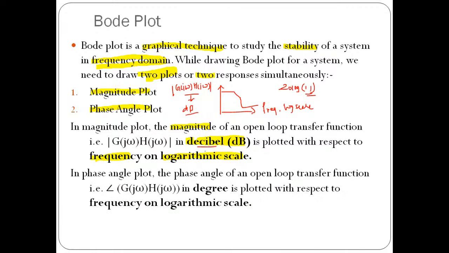In the same way, what is the phase plot? The phase plot is the variation of the phase angle of the open loop transfer function, which is the angle of G(jω)H(jω), in degrees, which is very important, with respect to the frequency on the logarithmic scale.